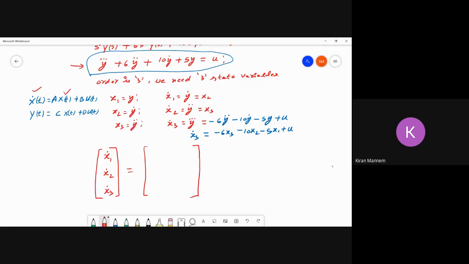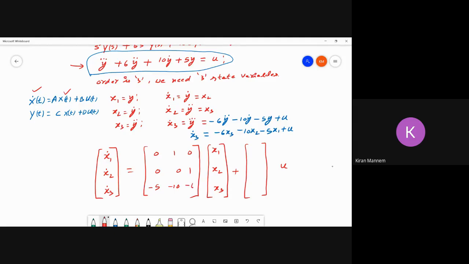Then I have to write the state variables, x1, x2, and x3, plus B matrix into U. Since I know it, the A matrix is 0, 1, 0; 0, 0, 1; and minus 5, minus 10, minus 6.